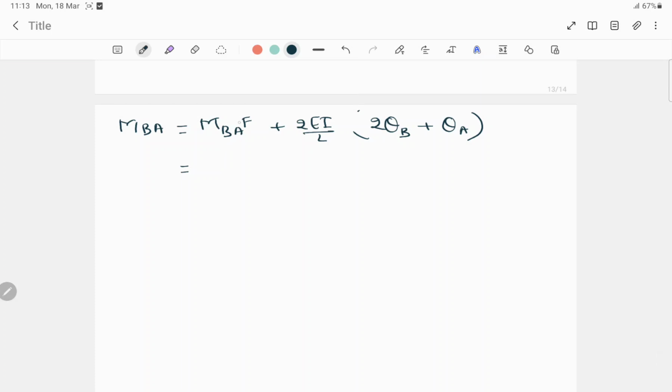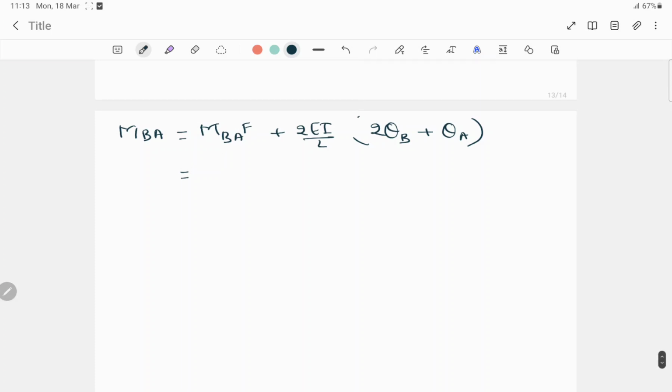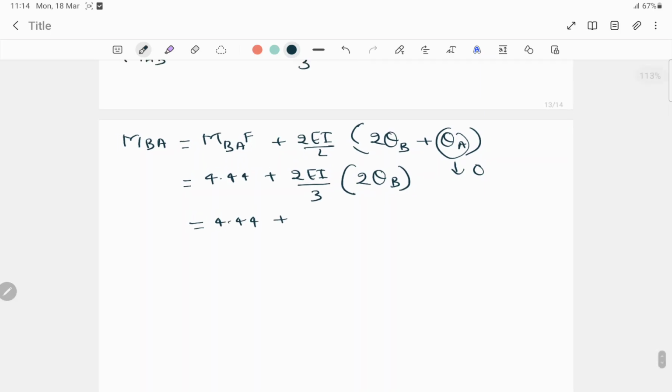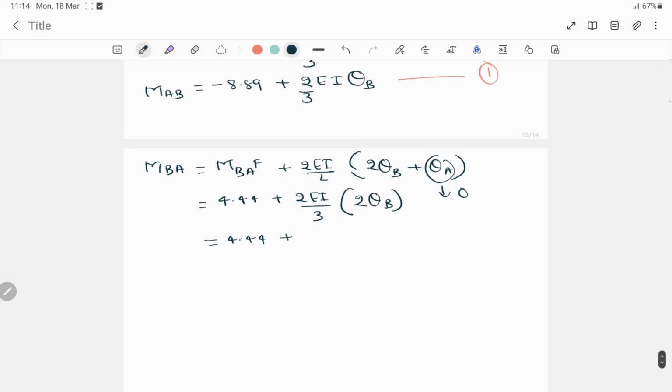We have already solved the fixed end moment for B to A, that was 4.44, plus 2EI, L was the same 3, and theta A will be 0, so we keep 2 theta B. The equation will be 4.44 plus 4 by 3 EI theta B, M_BA. Let it be equation number 2.